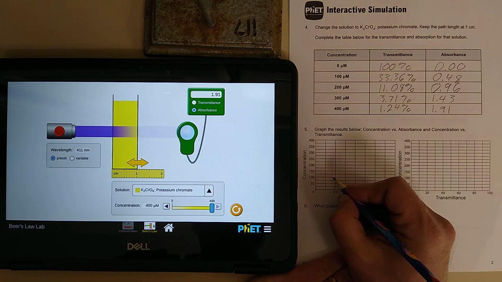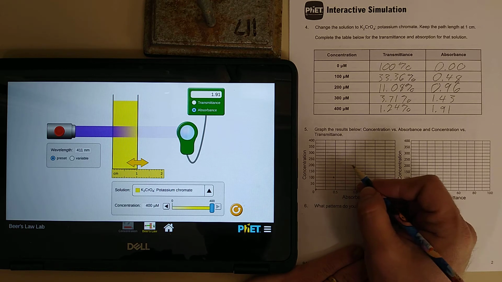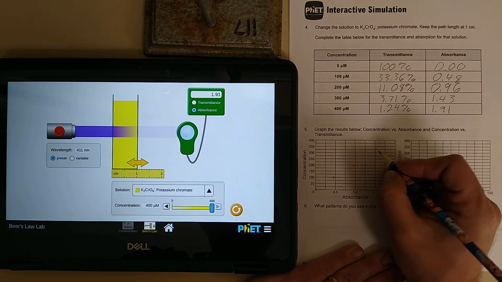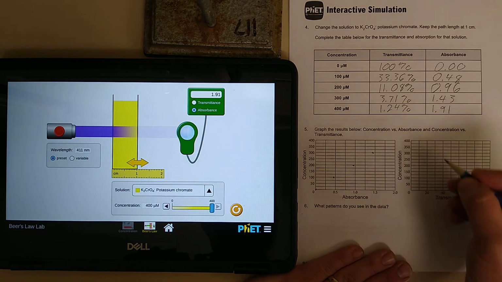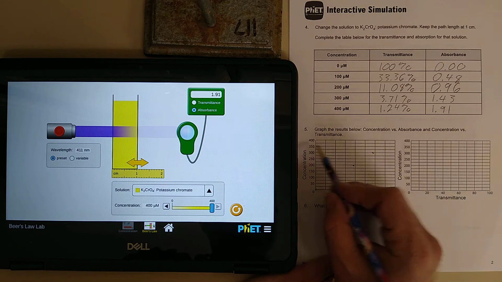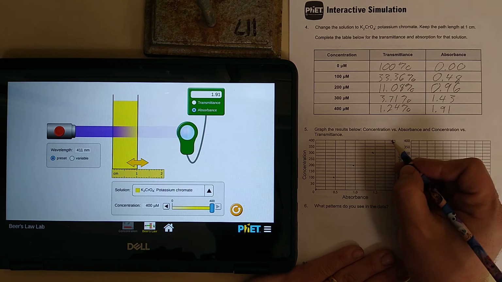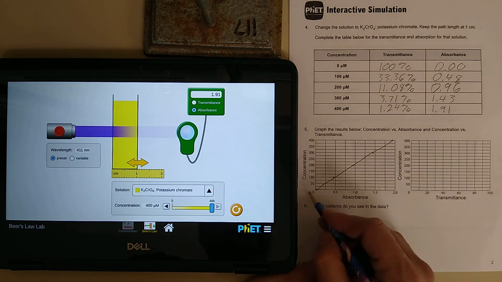That looks to be about right here. 200, absorbance is 0.96, so almost to 1. 300, 1.43. And then at 400, 1.91. Okay. Now we have a nice graph of this right here.